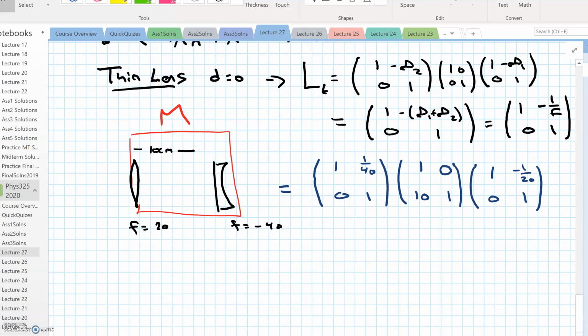So why not? Let's just grind through it. Hopefully it's not a total mess. Maybe it is. So we're going to get 1 plus 10 over 40. That's 1/4. So that's going to be 5/4 in this element times 1 over 40. And we're going to get a 10 here, and a 1, times, we've got to multiply it by the original thing.